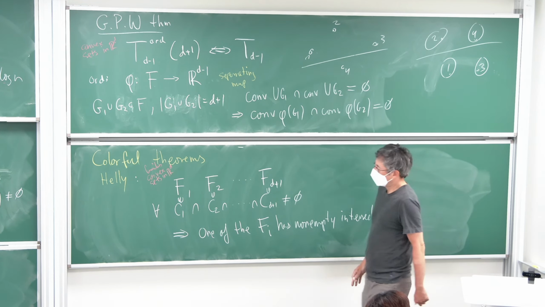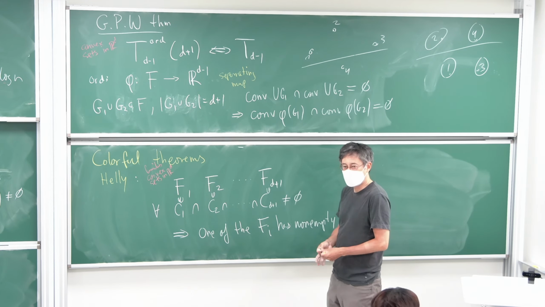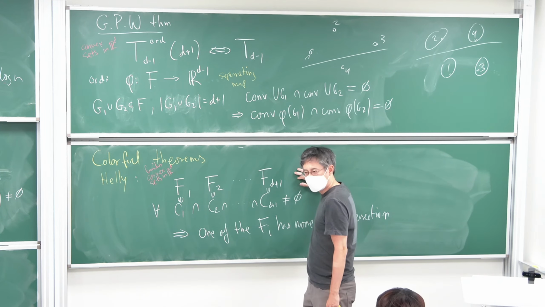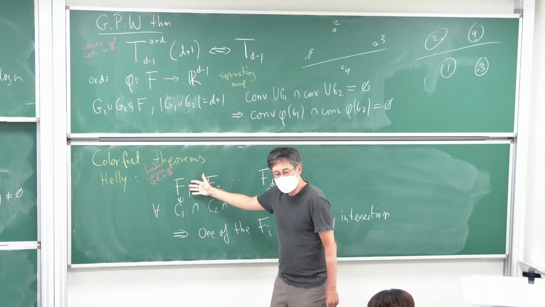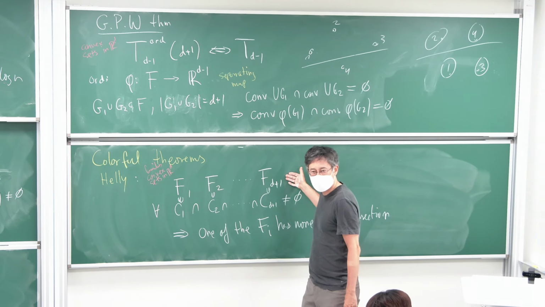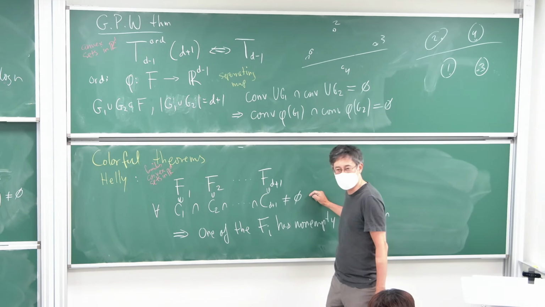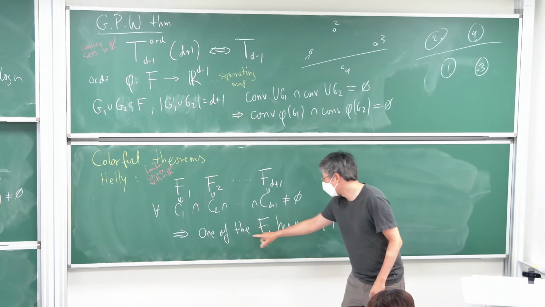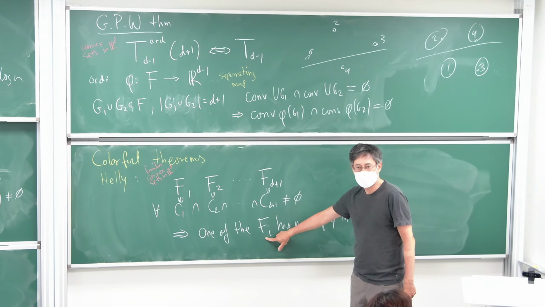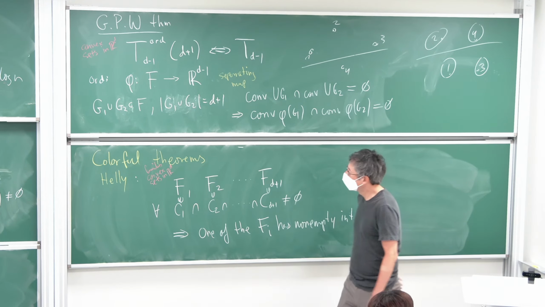So in other words, it's like Helly's theorem, but I have now a number of families, d+1 of them. Usually they think of this as the red sets, the blue sets, the green sets. And the condition is whenever you take sets of different colors, their intersection is non-empty. The conclusion is that for one of the colors, all the sets intersect, right?